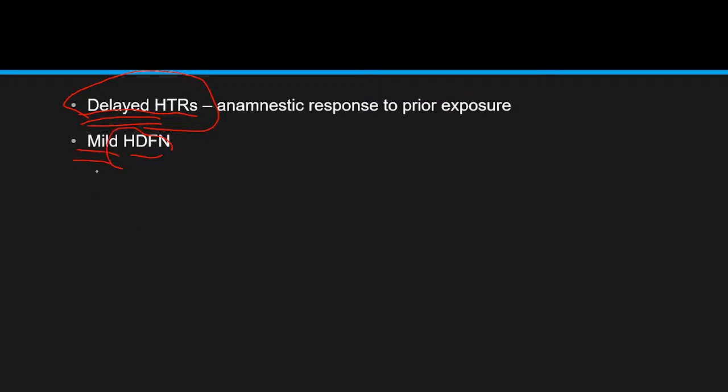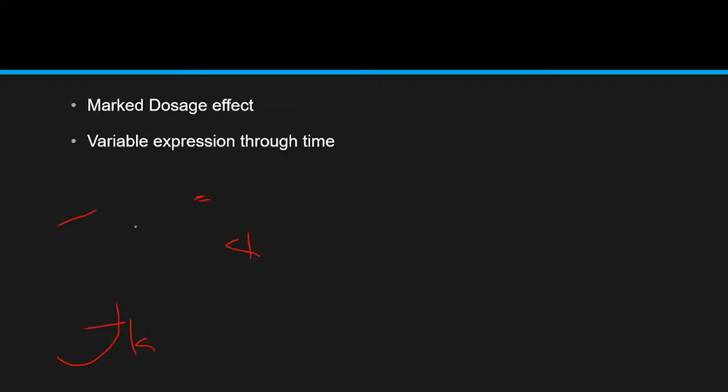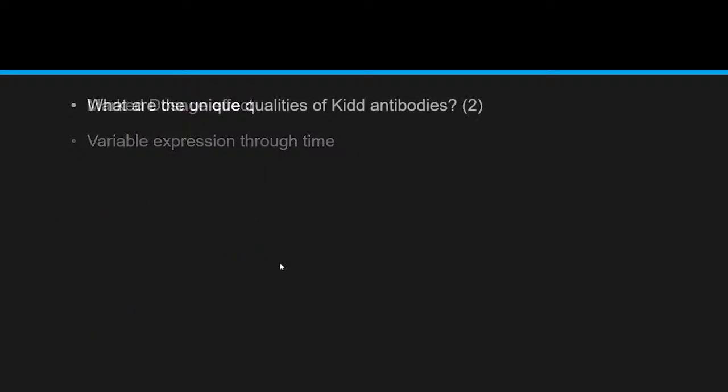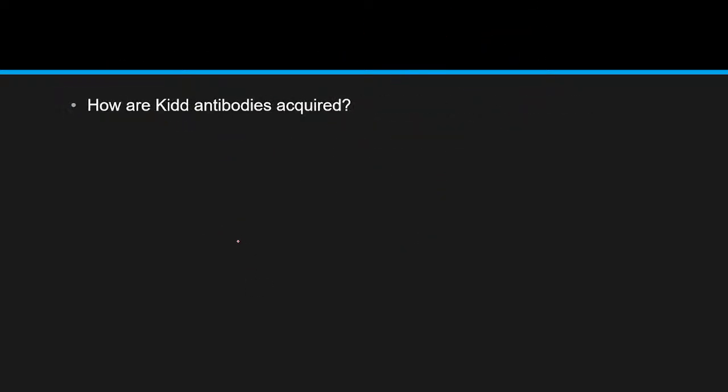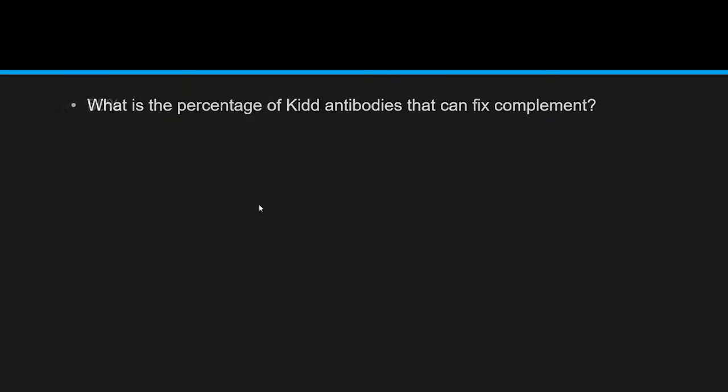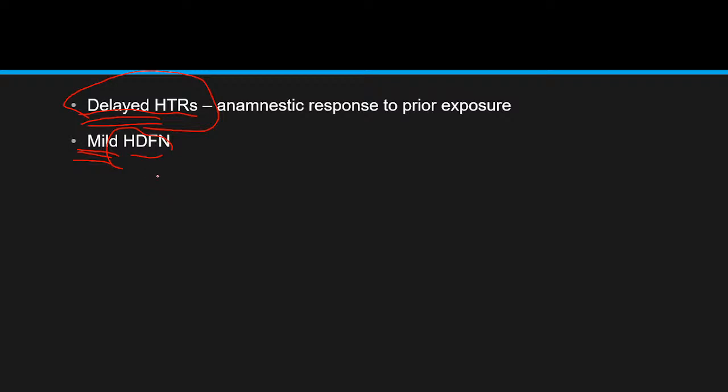Why is there mild hemolytic disease of the fetus and newborn? Remember, it shows dosage and it shows variable effects throughout time. And aside from that, it is mainly IgG. Okay? It's IgG, so it can pass through the placenta and still produce mild hemolytic anemia.